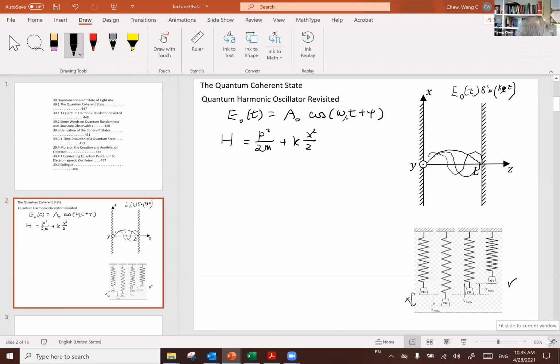However, you can actually rewrite this in a more suggestive fashion so that it looks more like a classical harmonic oscillator, something like p squared over 2m plus half m omega naught squared x squared, where omega naught squared is kappa over m.